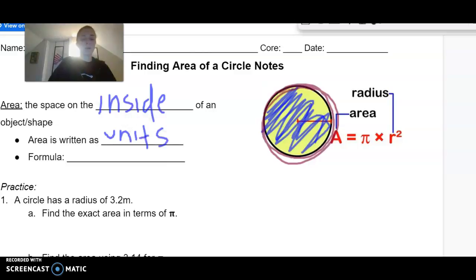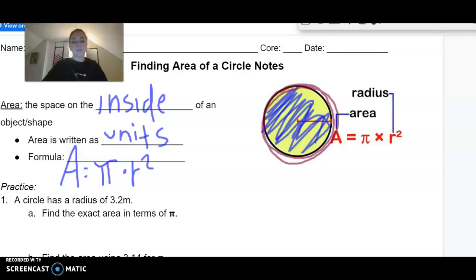So if we're working with miles, we would write miles squared, inches squared if we're working in inches, and so forth. The formula for finding the area is area equals pi times r, for radius, squared.